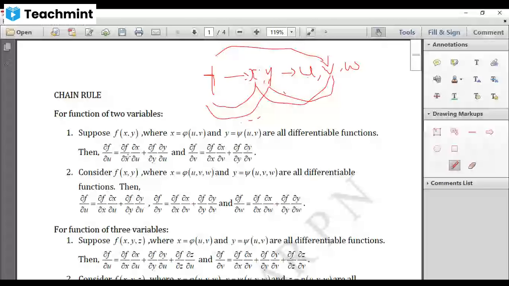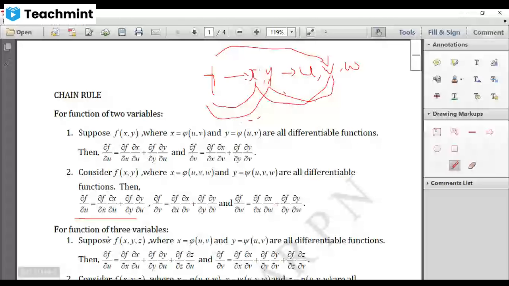Dou f by dou u is equal to dou f by dou x into dou x by dou u plus dou f by dou y into dou y by dou u. That gives you the first one. Next, the second one, dou f by dou v is given by dou f by dou x into dou x by dou v plus dou f by dou y into dou y by dou v.